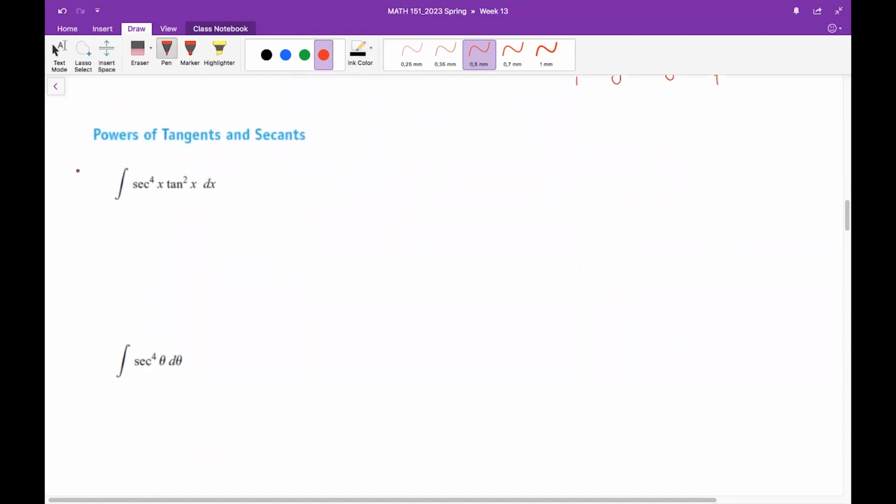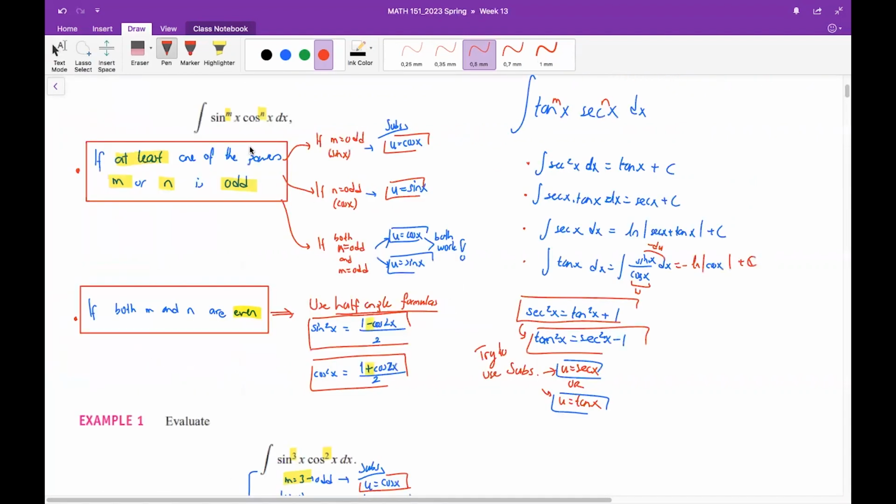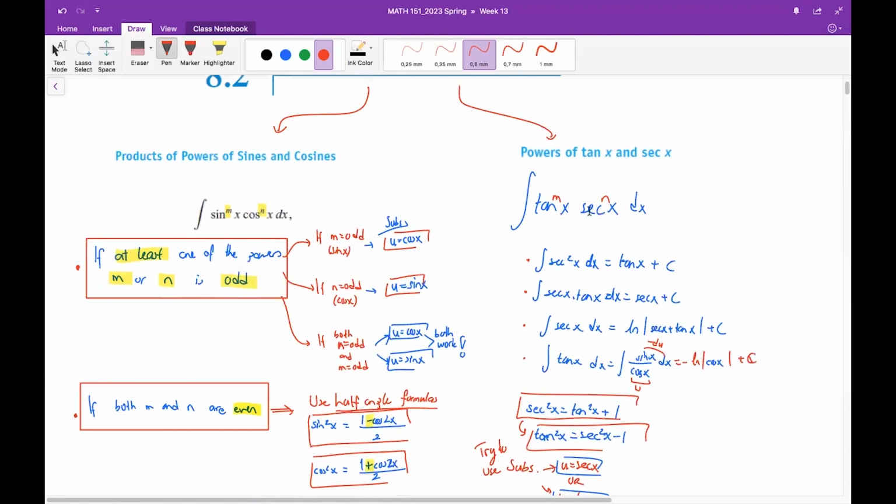Now it is time to cover the second column in that diagram, products of secants and tangents with some high powers. About this part, let me tell you something. If you look at your lecture notes, let me show it, you will see that I didn't put any sub cases, which explain that if this happens, use this substitution.